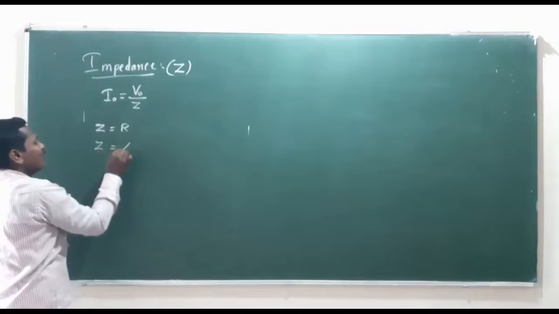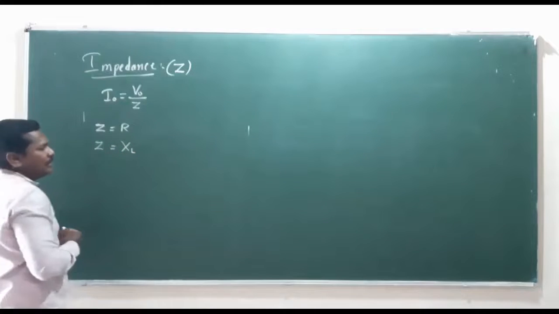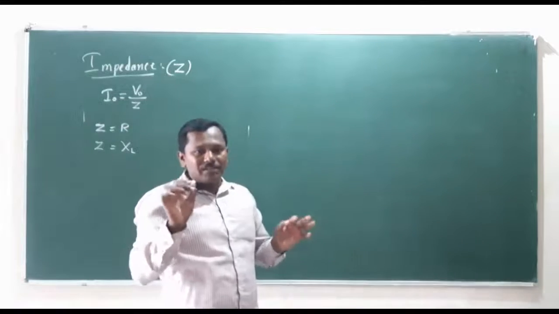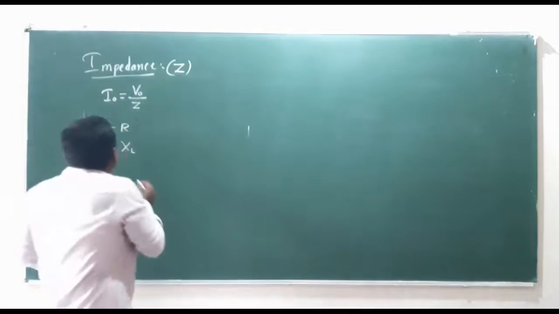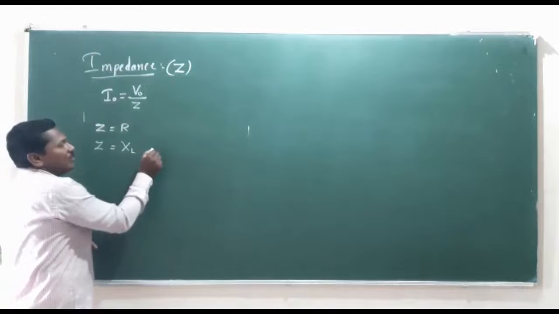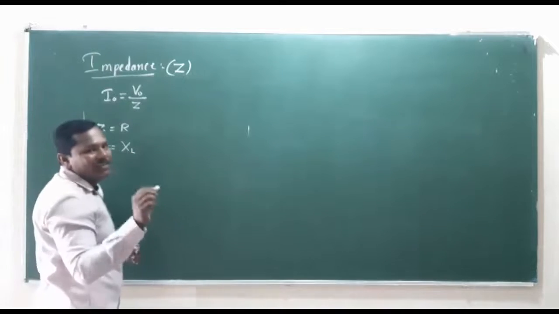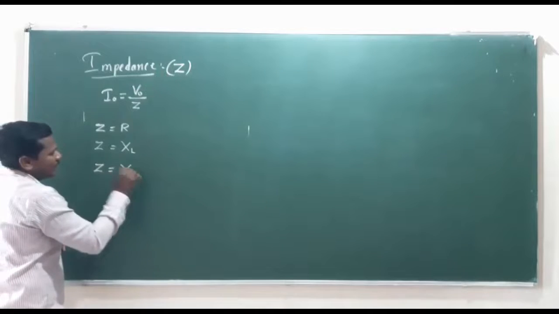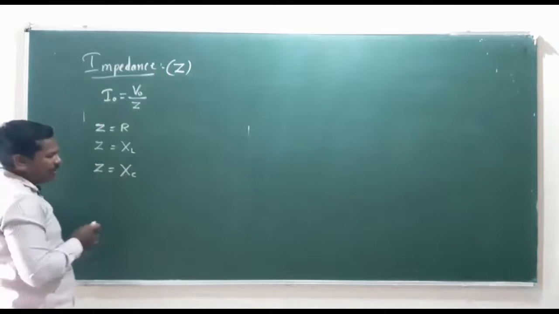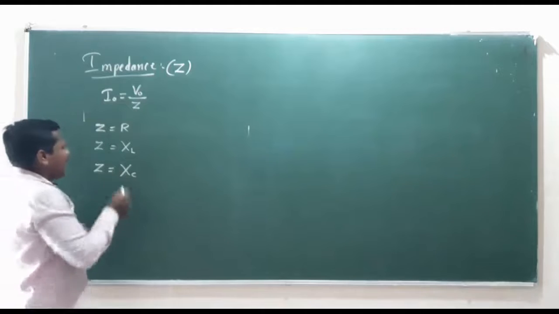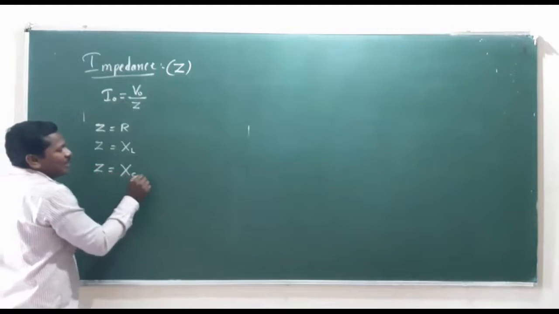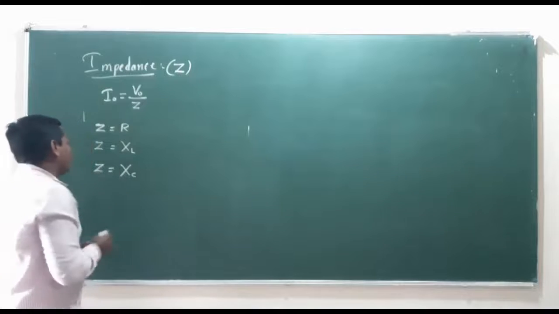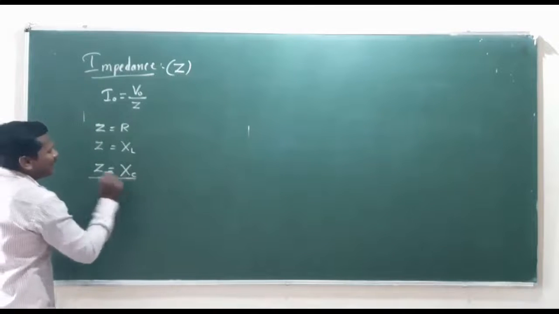Z is equal to χL for a purely inductive circuit, where χL is the inductive reactance. Similarly, Z is equal to χC for a purely capacitive circuit, where χC is the capacitive reactance.